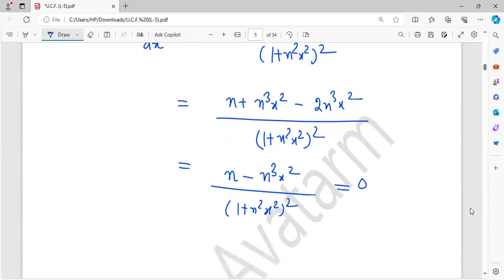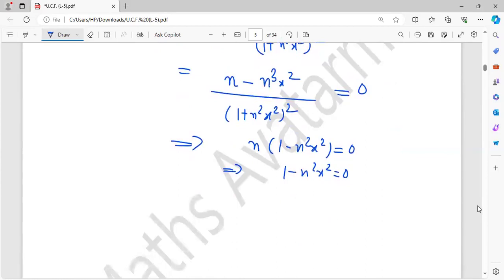So taking n common, n(1 minus n square x square) is 0. Since n is a non-zero natural number, n square x square is 1, so x square is 1 upon n square, and x is plus or minus 1 upon n.